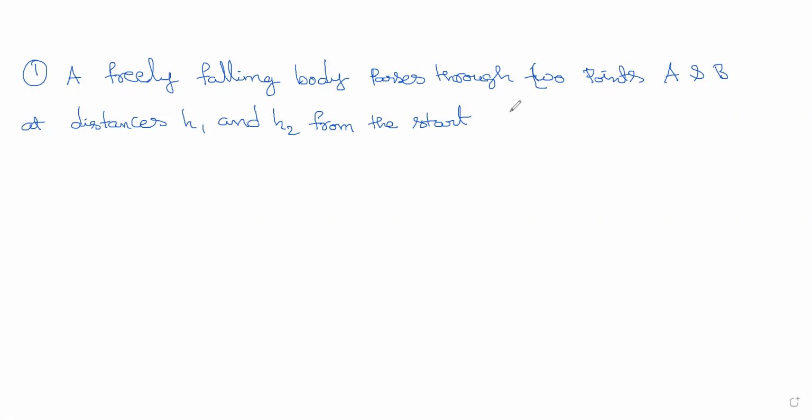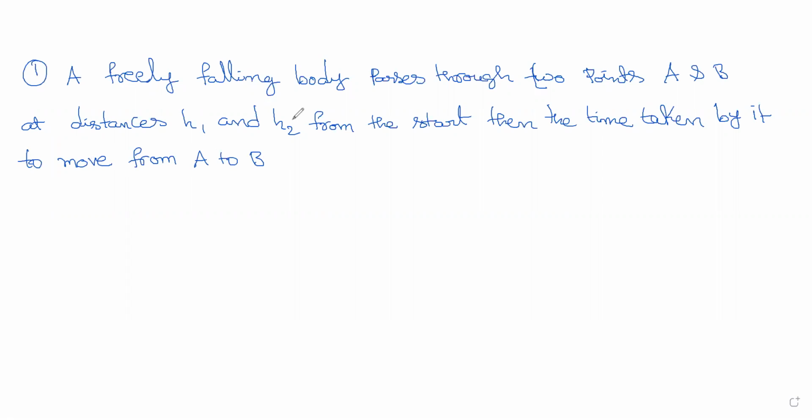Then the time taken by it to move from A to B is T is equal to square root of 2H2 by g minus square root of 2H1 by g.